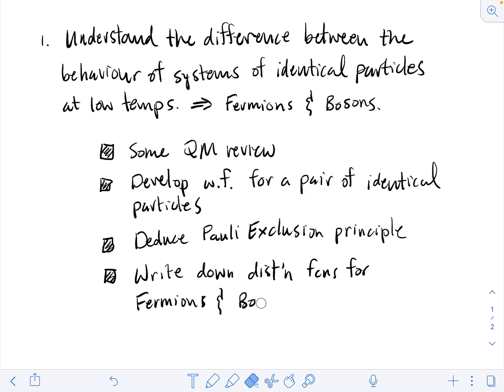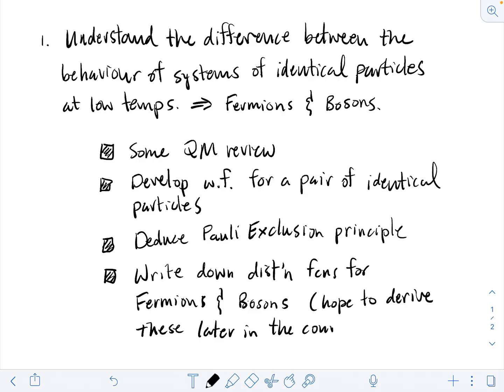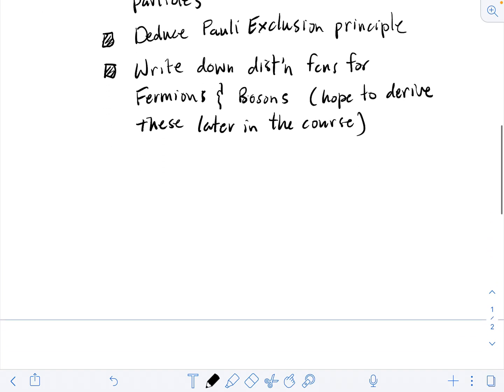I hope we won't derive them in this part of the course, but what I hope to do is derive these later in the course. Okay, so that's step one of our roadmap.